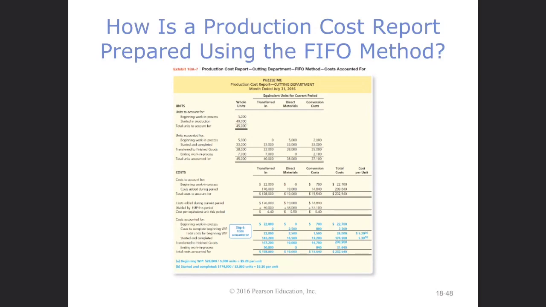And then to find the cost per unit, if you look down here for A, for our beginning work in process account, we're going to take this 26,000, which is the total cost for beginning work in process, divide that by 5,000 units, and that's going to give us $5.20 per unit.